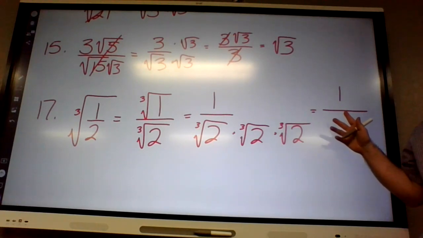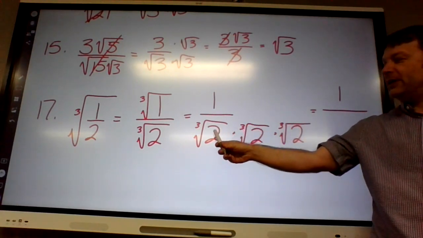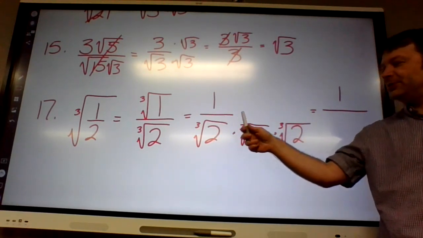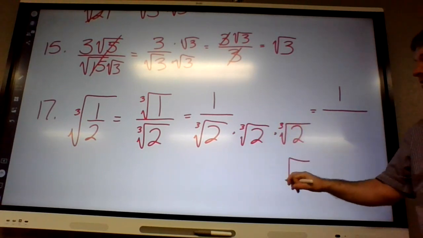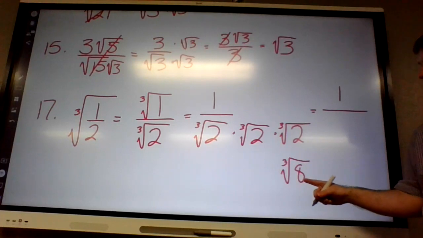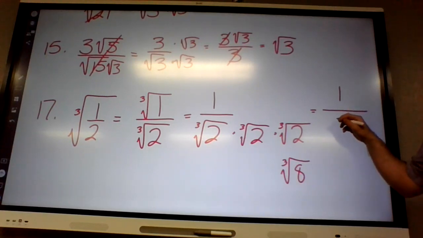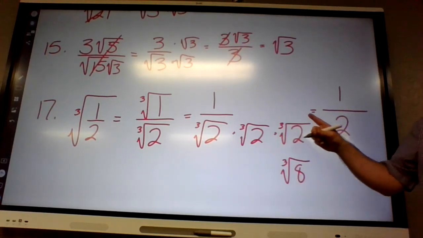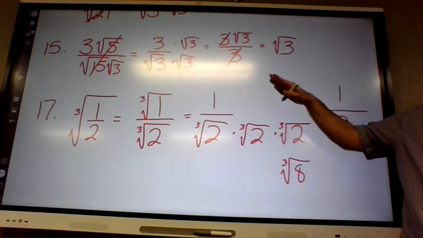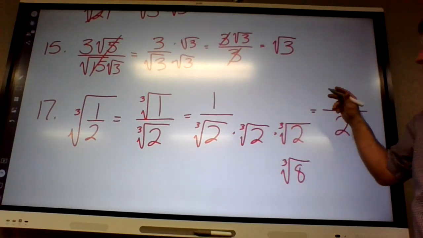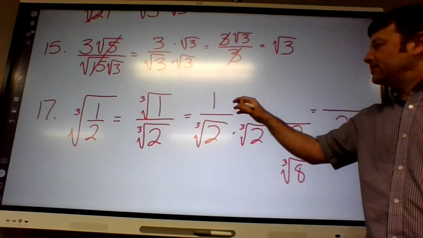Okay, shh. So, instead of just doing 2 times 2, if I do 2 times 2 times 2, I would get cube root of 8. Now, does cube root of 8 actually have a cube root? Yes. It's 2. But if I multiply the bottom by cube root of 2 and cube root of 2, I have to multiply the top too.